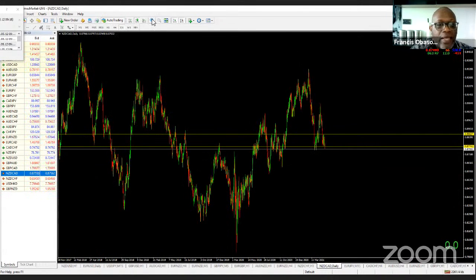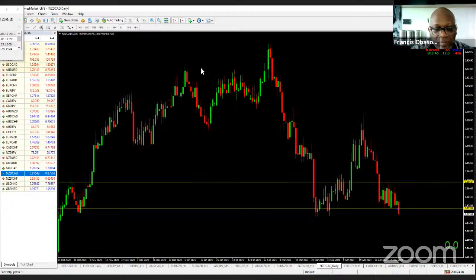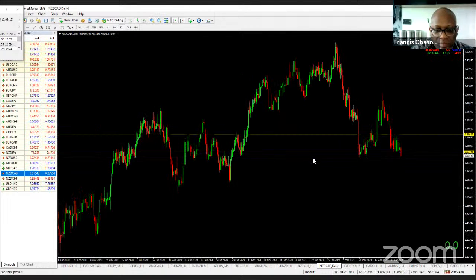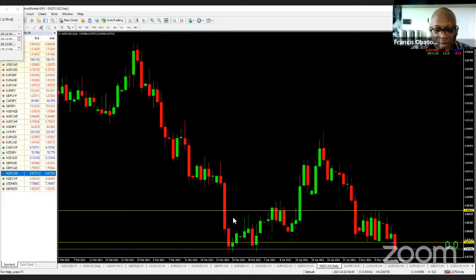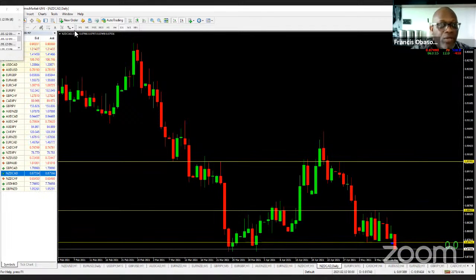let's just have a look at the higher time frame. To be honest, if it breaks below where it is now, you can expect it to just keep going. And I believe that's what's going to happen if it does break below here anyway. So I really would be waiting for a break and close below. And when I say a break, obviously I mean not just a break below, but a break and close below.